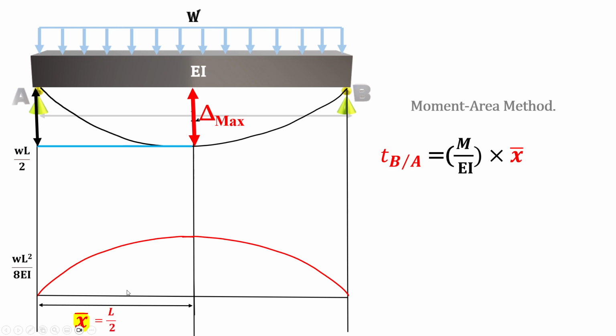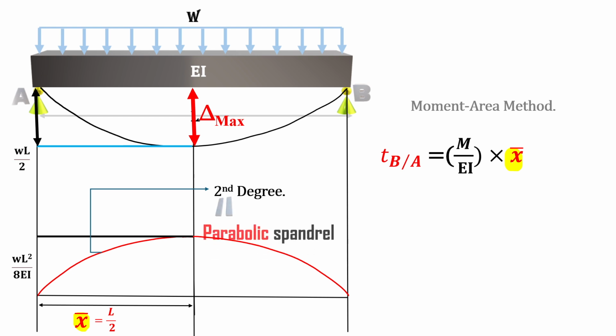So our moment is a second degree curve with the equation of a parabolic spandrel, like y equals k times x squared. This area is our moment.